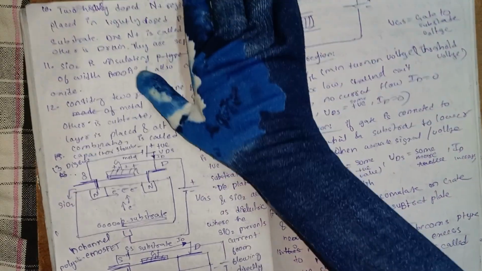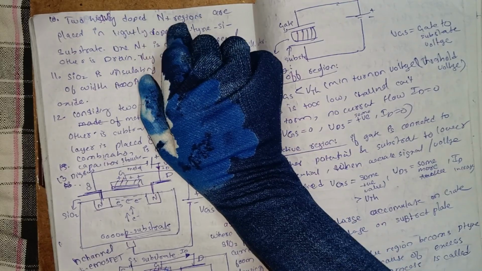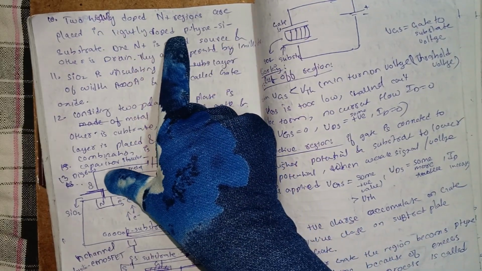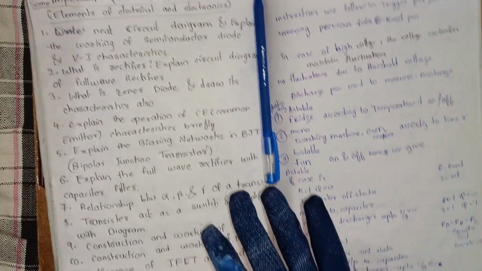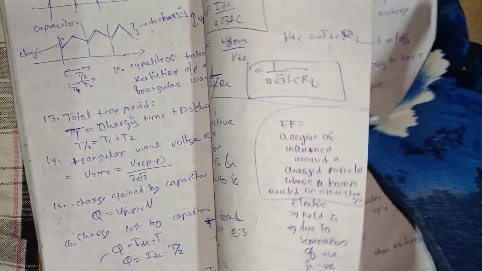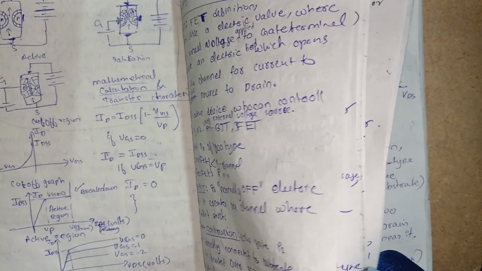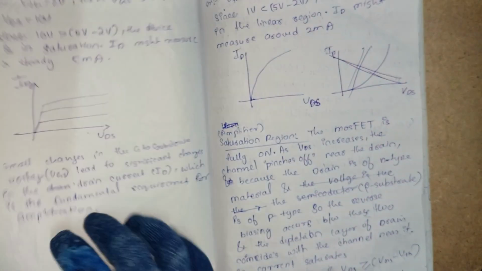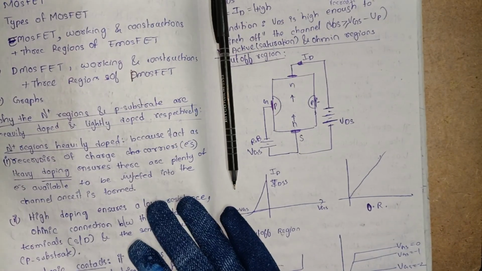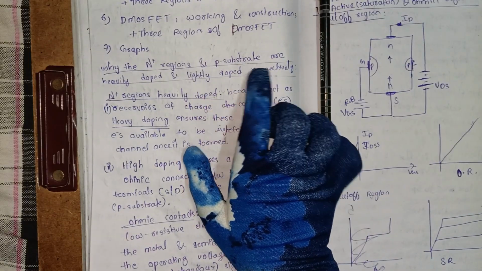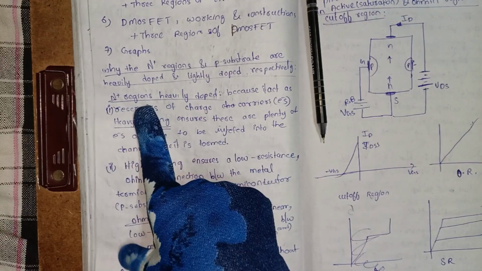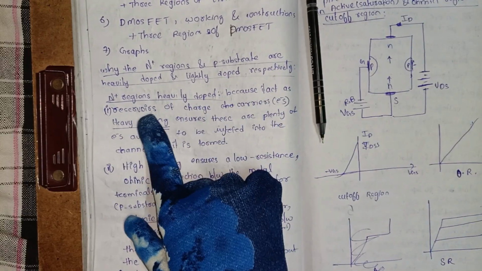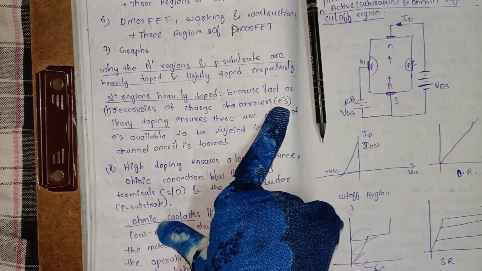So before that we will see why the N regions are heavily doped and P-type substrate is lightly doped. So why the N plus regions and P substrate are heavily doped and lightly doped respectively means, so N type regions are heavily doped because they act as reservoirs of charge carriers, electrons.